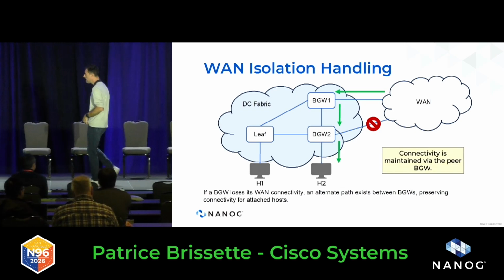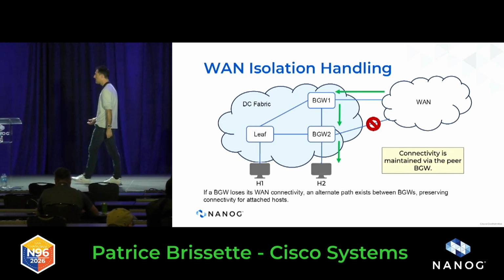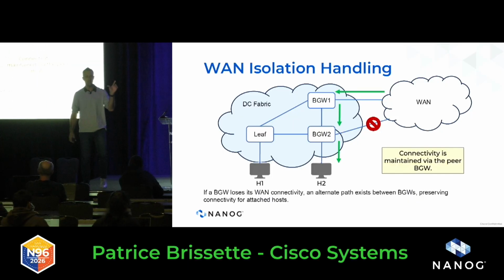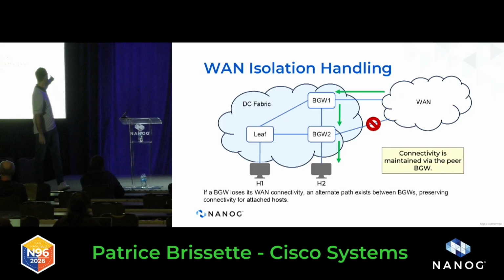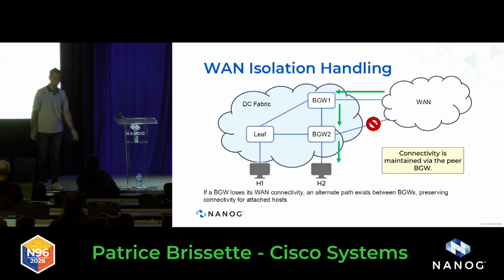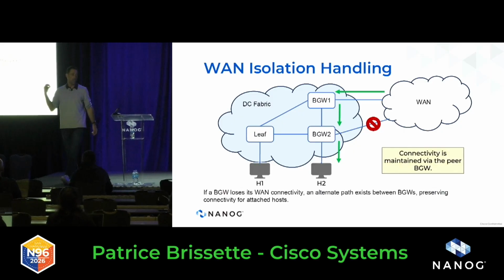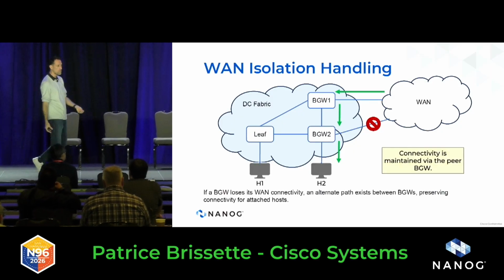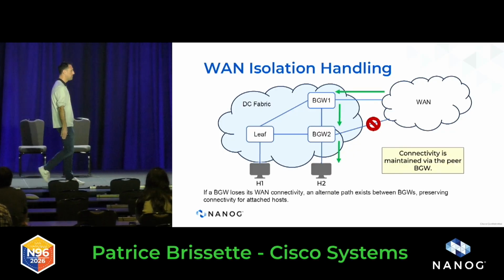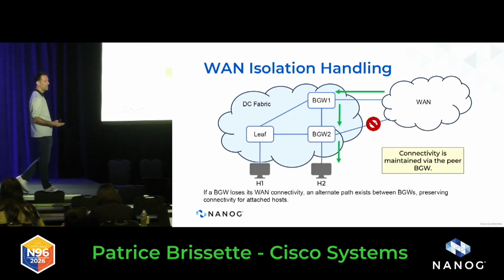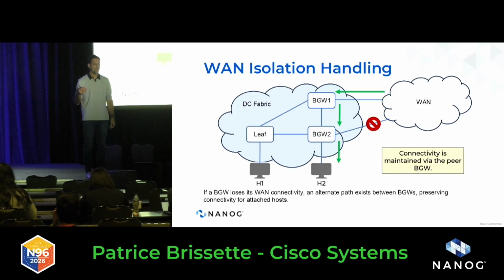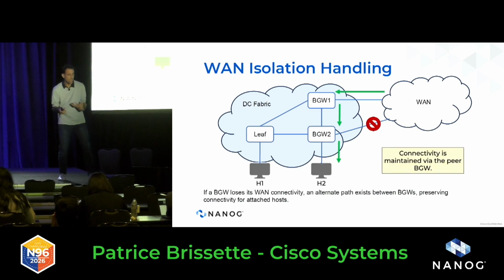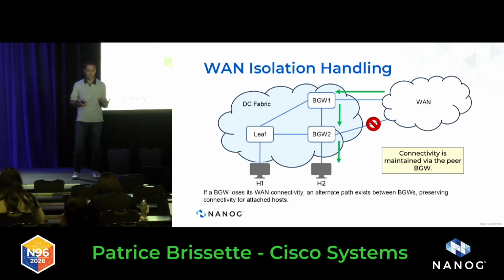But now the beauty is that if somebody on the WAN side wants to talk to H2, he has the destination VTEP of border gateway 2. Therefore the packet, because now the underlay knows how to reach it, will go to border gateway 1, but instead of terminating the tunnel there, because whenever border gateway 1 receives the packet, it does a for-us check. It looks at the packet and says, is it for me?